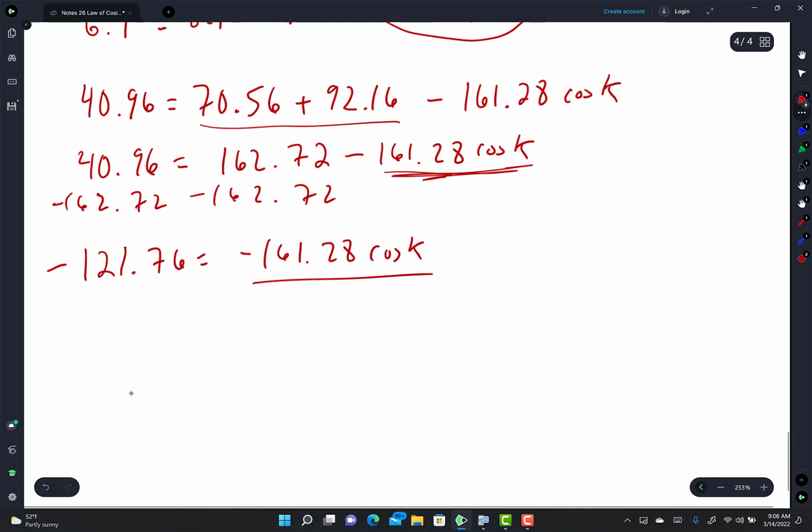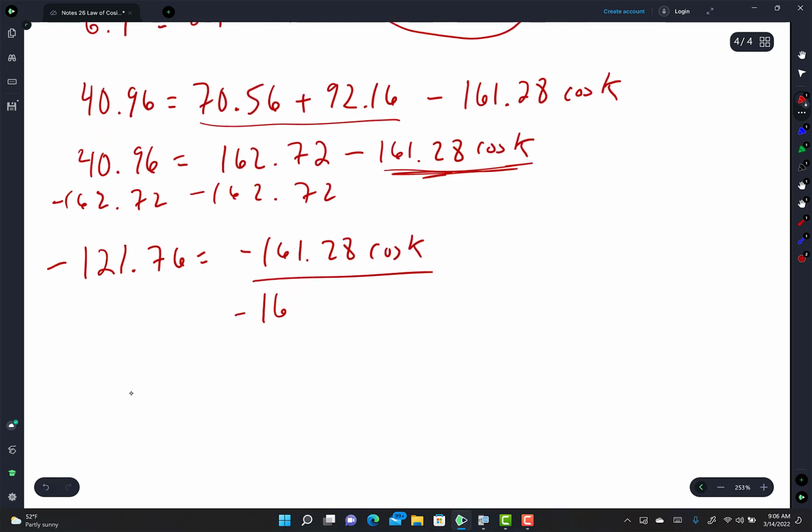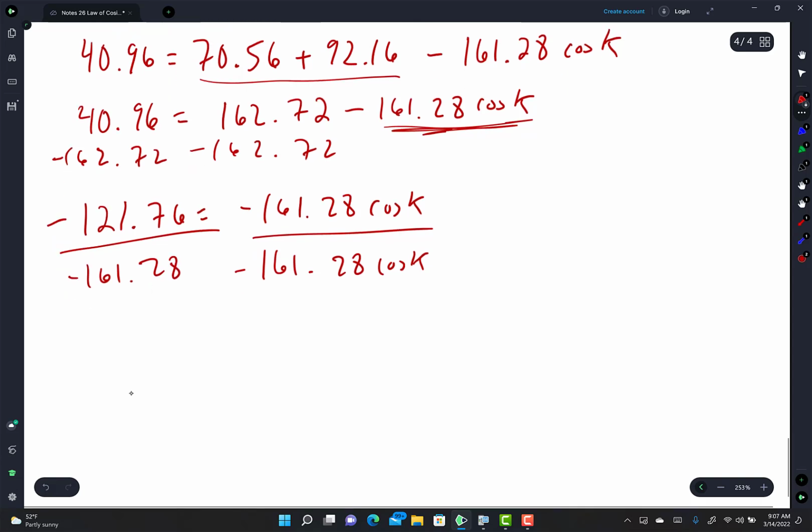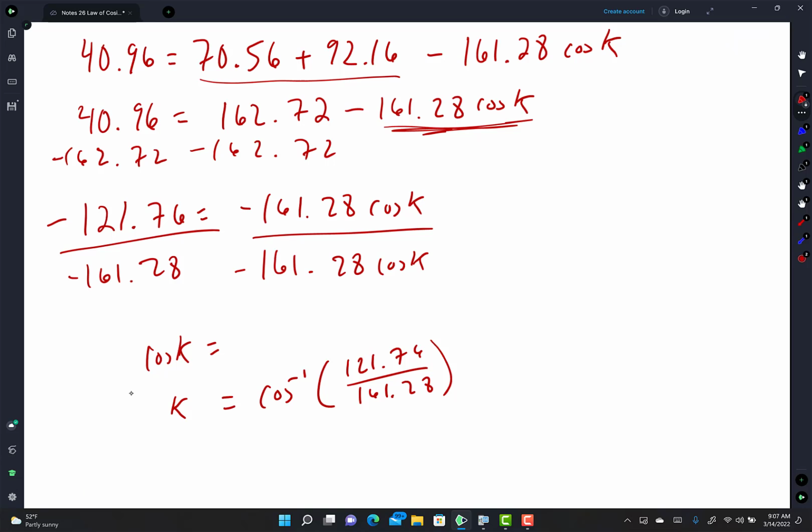So now what do we do? Divide by what? Perfect. Negative divided by negative is a? Perfect. So now I'm going to have cosine k equals some number. To get k by itself, you do the inverse of it. And you'll get your answer. What is that?